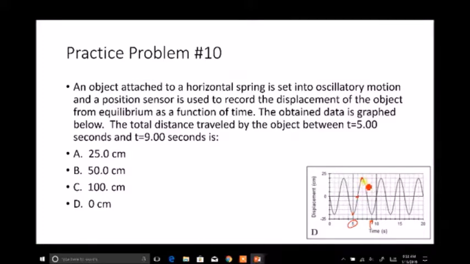Between 7 and 8, an additional 25. And then finally, between 8 and 9, another 25. So 4 25s is going to give us 100 of total distance. This thing travels one complete cycle between 5 and 9 seconds. But our answer here is 100 centimeters.